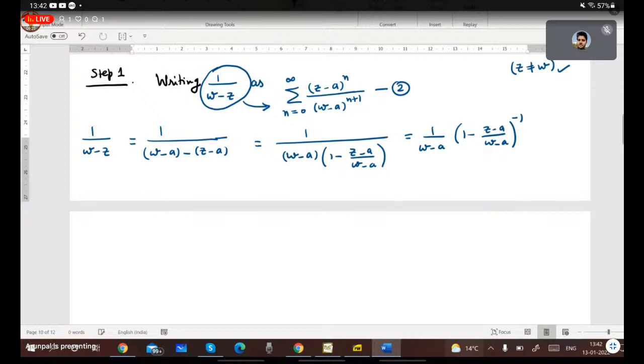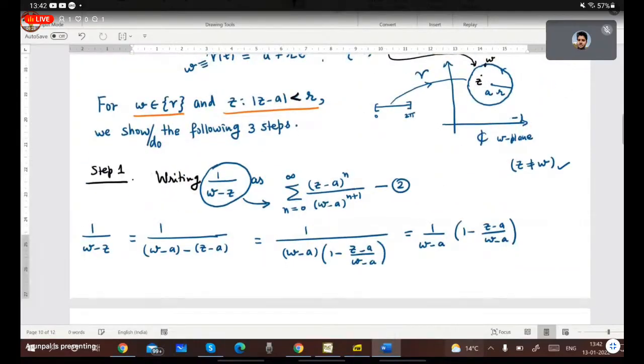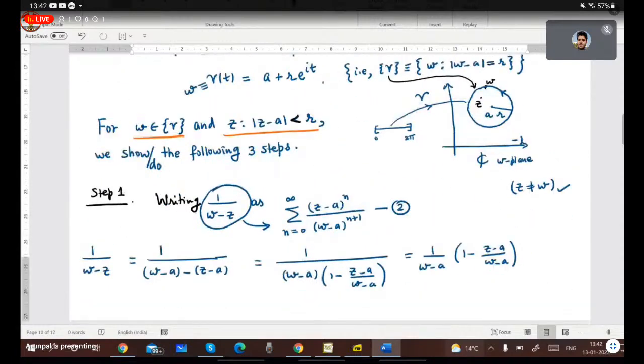Yes, sir. Right? And class, take a note that from this figure it is very much clear what the relationship is between the distance between Z and A and the distance between W and A. It is this, right?